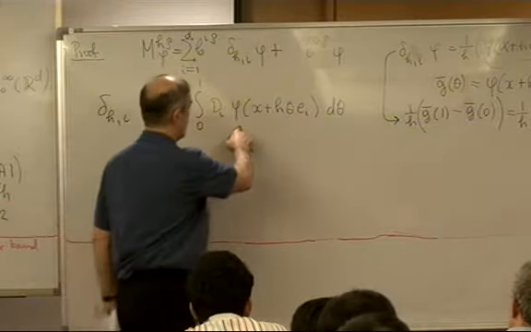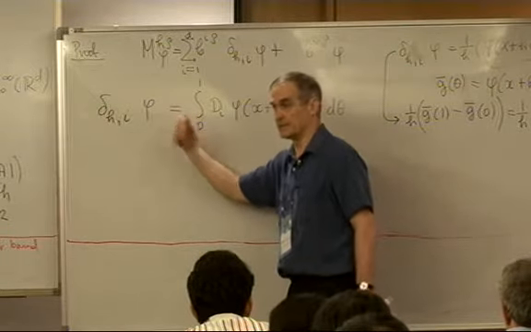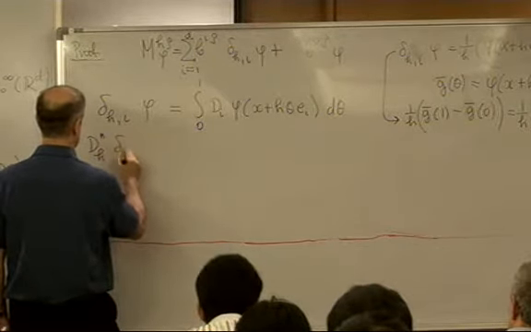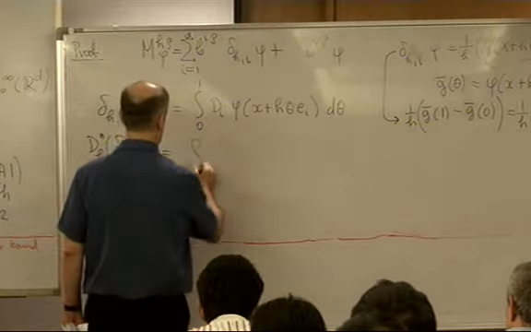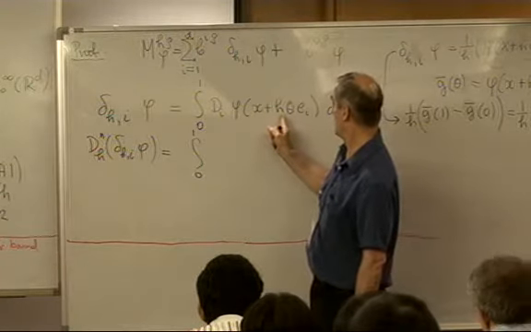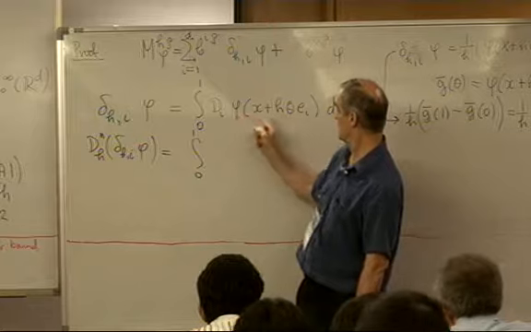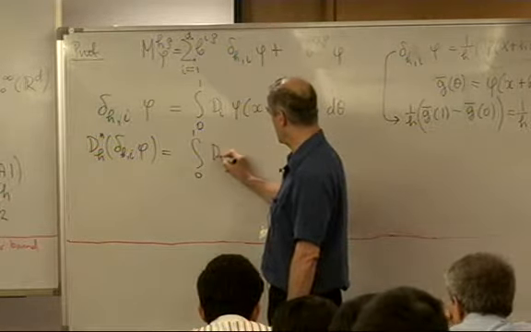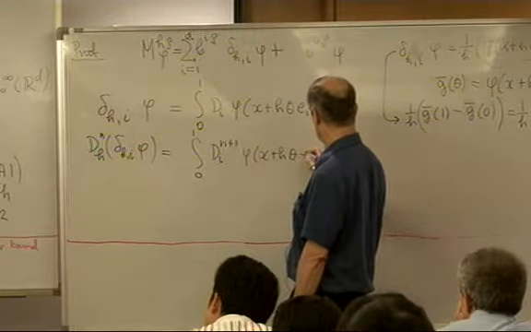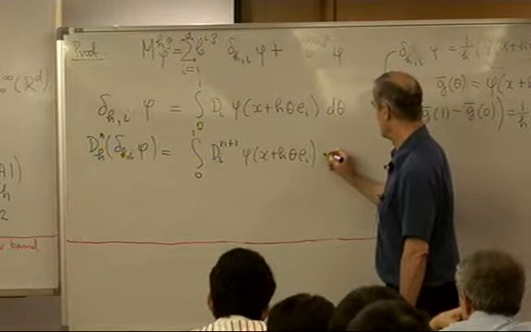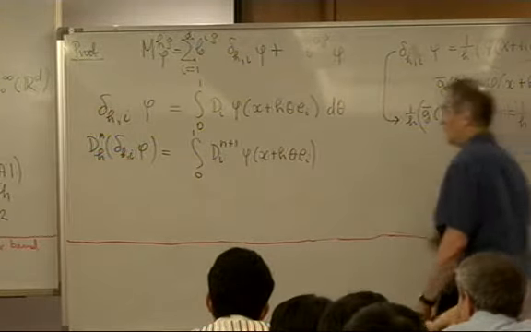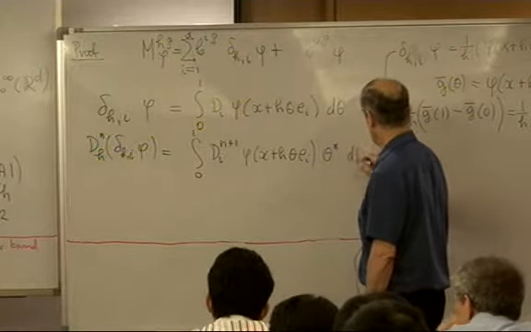All right, we can see that if phi is differentiable, then this operator is differentiable in h. The n-th derivative in h of delta_h^i phi equals, since phi is at the moment a C0 infinity function, we take the derivative n times in h, so that means we have D_i to the n plus 1 of phi at x plus h theta e_i, times theta to the power n, d theta.